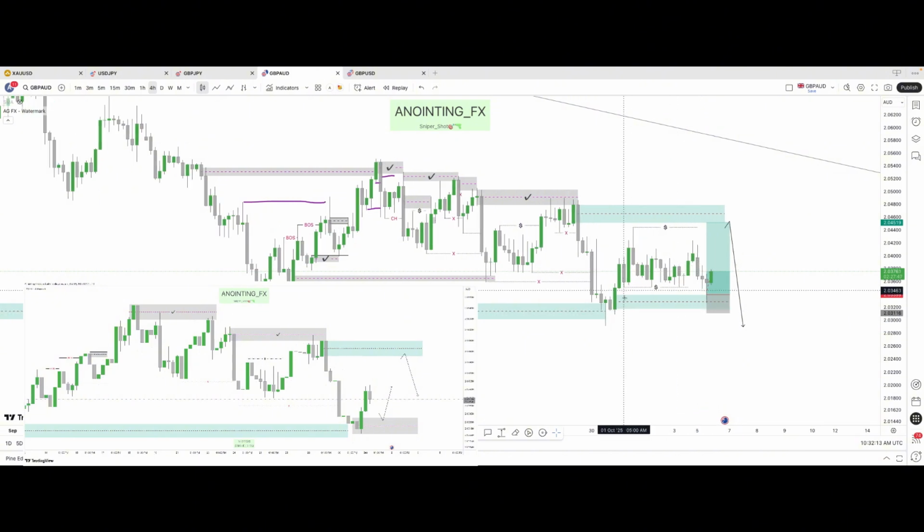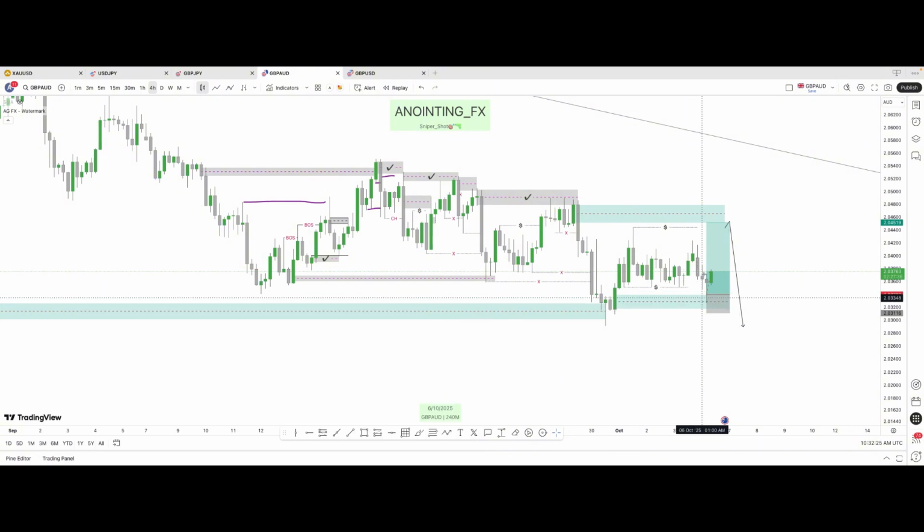You can see the screenshot of the previous one as posted on the screen, and currently this morning I had price tapping into my POI and it's going to the upside. As it's going to the upside, I am only waiting to sell from this particular level because price is still bearish. We haven't seen any major shifts to the opposite direction.